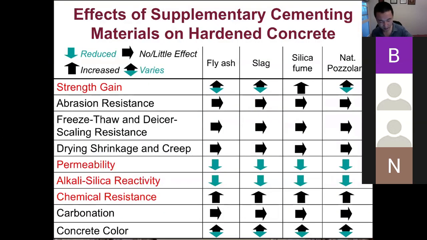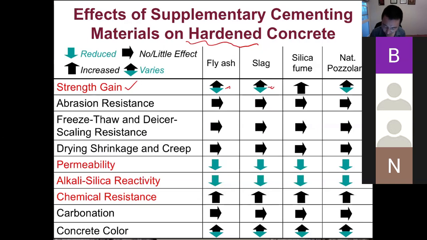Right. So this table summarizes how SCMs affect hardening property of concrete. For the strengths, mostly fly ash and slag will reduce early age strengths, but increase the final strengths. That's why it depends on what time the strength is measured.